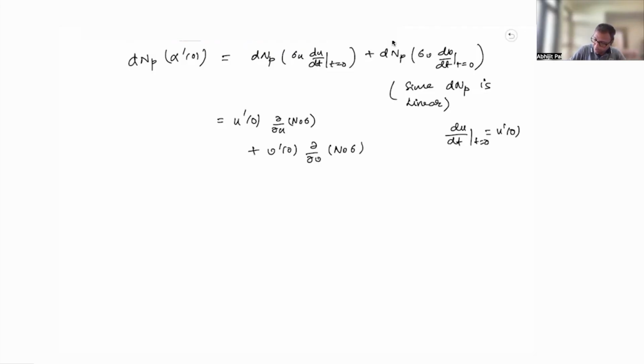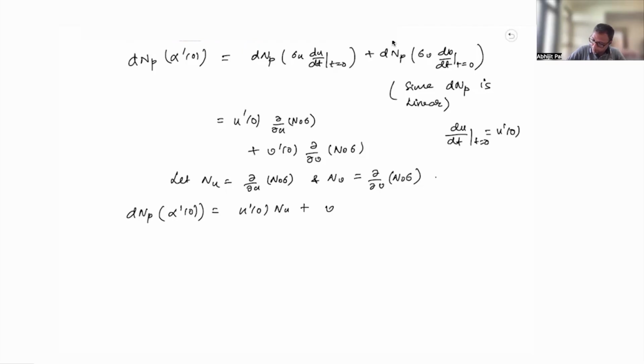So let us take N_u to be equal to del_u of N composed with sigma and N_v to be equal to del_v of N composed with sigma. Therefore, dNP of alpha prime 0 is equal to u prime 0 N_u plus v prime 0 N_v.